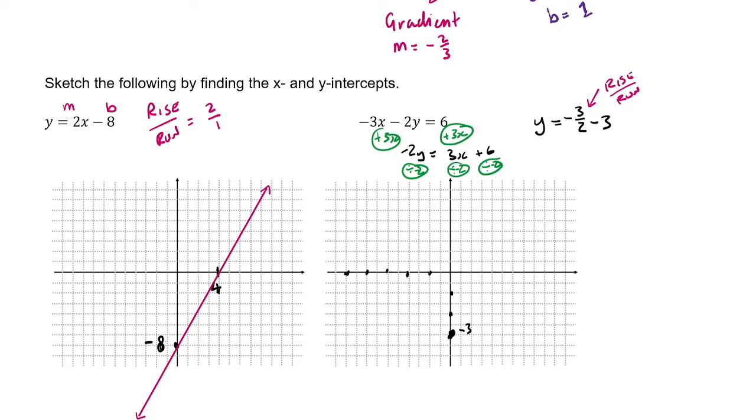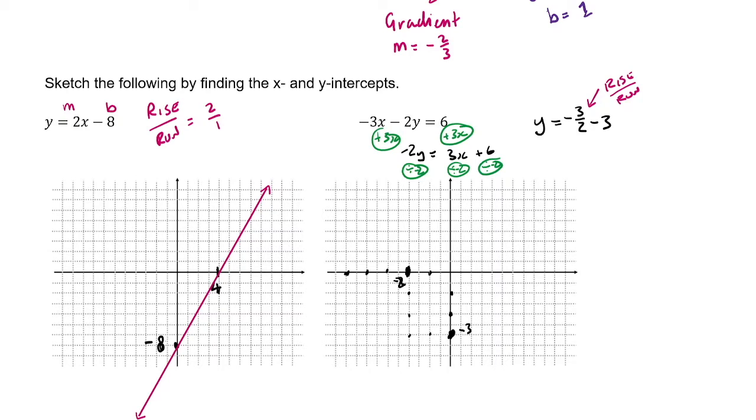For every 2 across, if I go across 2, I need to go up now, because I'm going backwards because it's negative. I need to go up 3, and that gets us straight at -2 for our x-intercept.